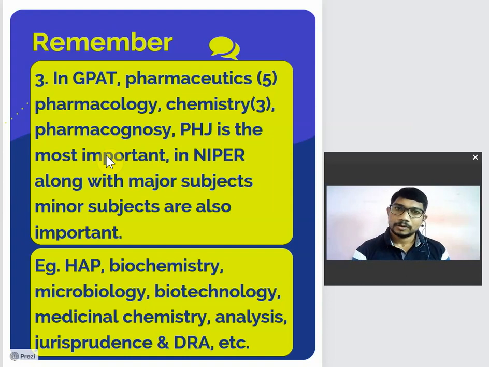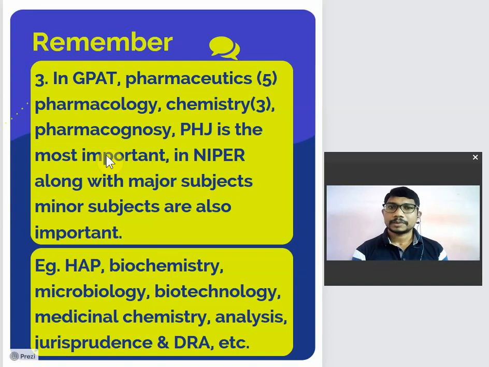Pharmaceutics is not only one subject; it is a bunch of 5 subjects like pharmaceutical engineering, physical pharmacy, dispensing pharmacy, industrial pharmacy, and biopharmaceutics. Chemistry is also a bunch of core subjects like organic chemistry, medicinal chemistry, analysis, biochemistry, etc. In GPAT, your core subjects are very important.